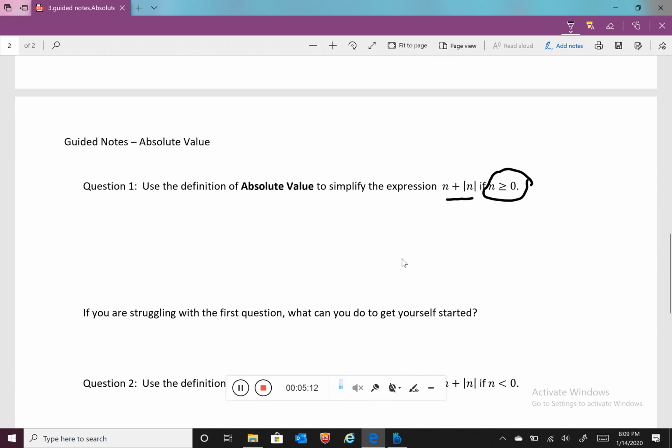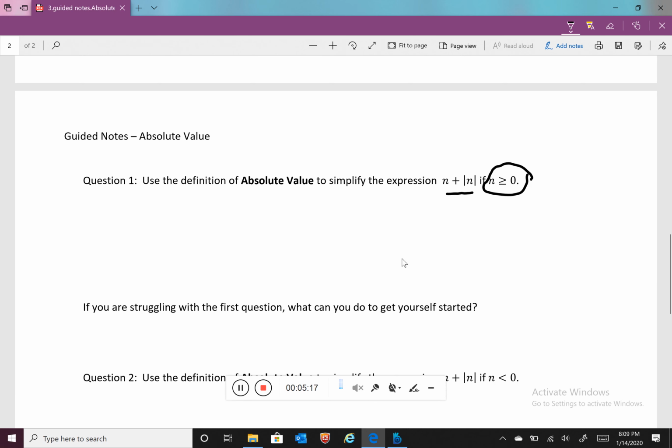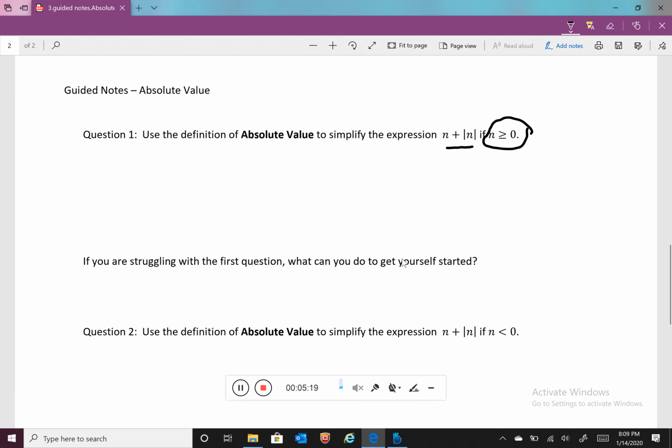So that means it's either positive or equal to 0. And if you're struggling with the first question, think about what maybe you could do to get yourself started. So make sure you always think about your resources and push yourself. Don't give up.